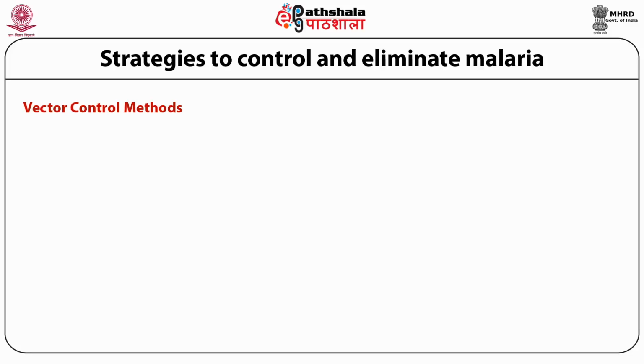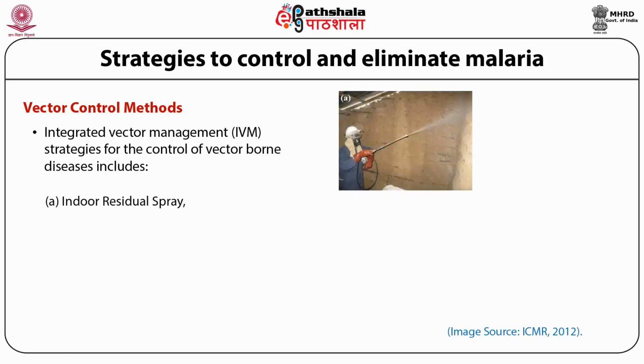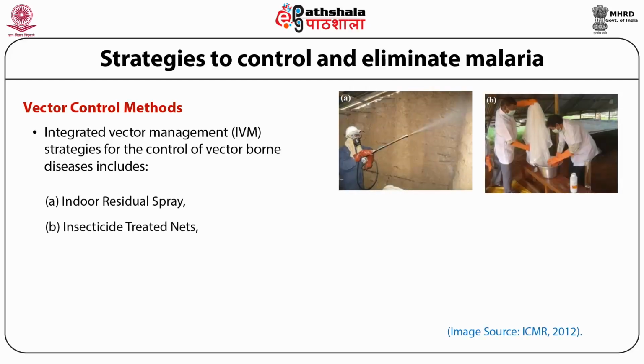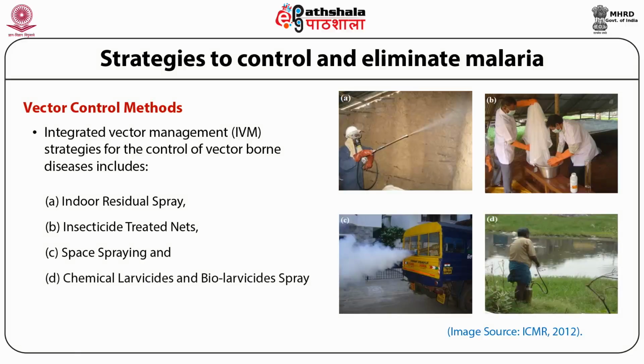Over here in this pictorial representation, we can see the various integrated vector management strategies which are being used to control vector-borne diseases. These include A. indoor residual spray, B. insecticide treated nets, C. space spraying, and D. chemical larvicides and biolarvicides being sprayed in the local areas.